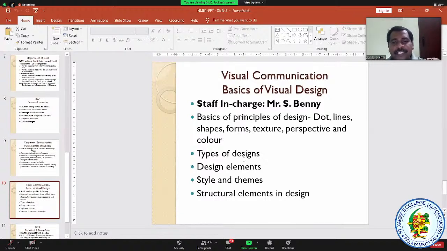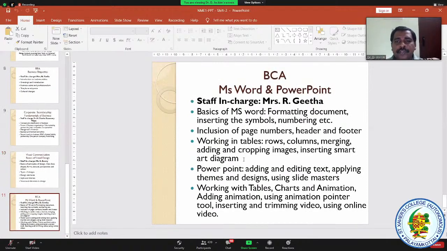In addition to that, the types of different designs, the design elements, style and themes, and structural elements in design. Especially the students who have creativity and the students who have the idea to get into the media business can choose this particular course. It is an interesting paper. So this is the last course in line.